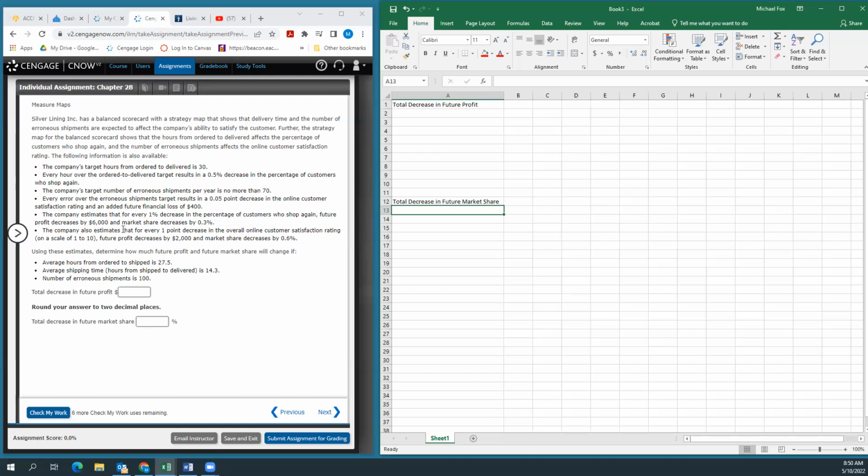And then the company estimates that for every 1 point decrease in overall online customer satisfaction rating, future profit decreases by 2,000 and market share decreases by 0.6. Okay, and then we have this information. Average hours from order to shipped was 27.5. Average shipping time, hours from shipped to delivered, is 14.3, and the number of erroneous shipments is 100.